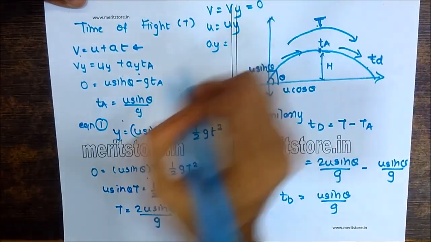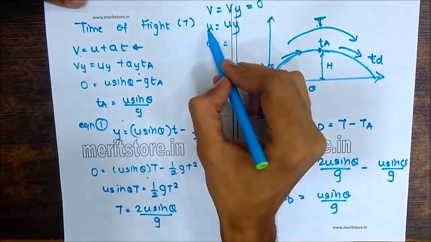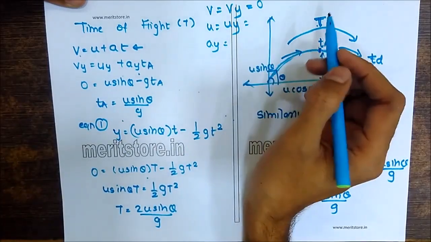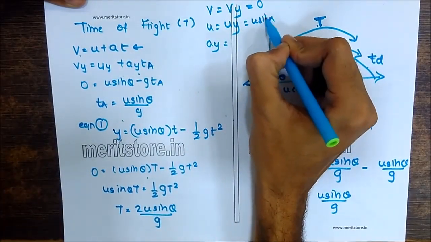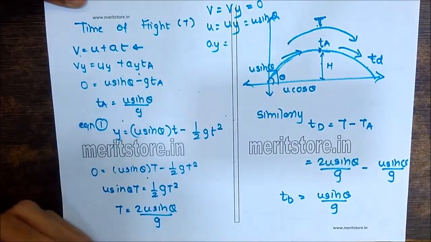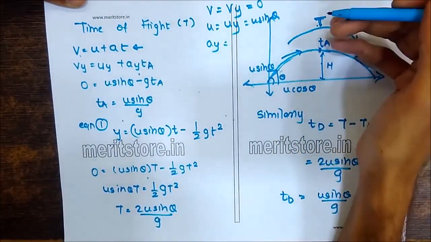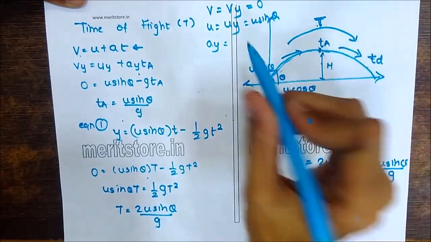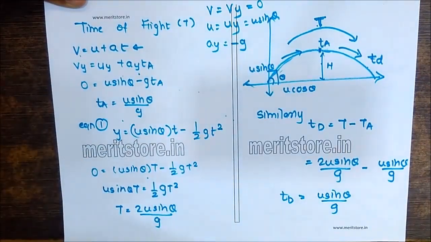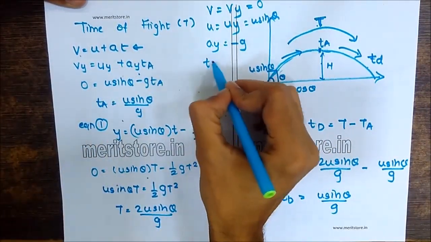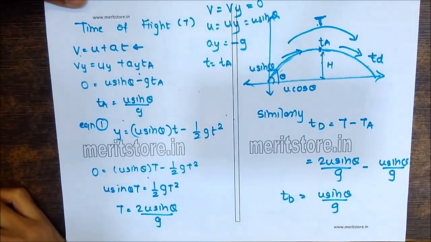Final velocity here is 0 because this is the highest point. Initial velocity uy we know, that is u sine theta. The acceleration along the y-axis is against gravity, so we get minus g, and your time t becomes the time of ascent, ta.